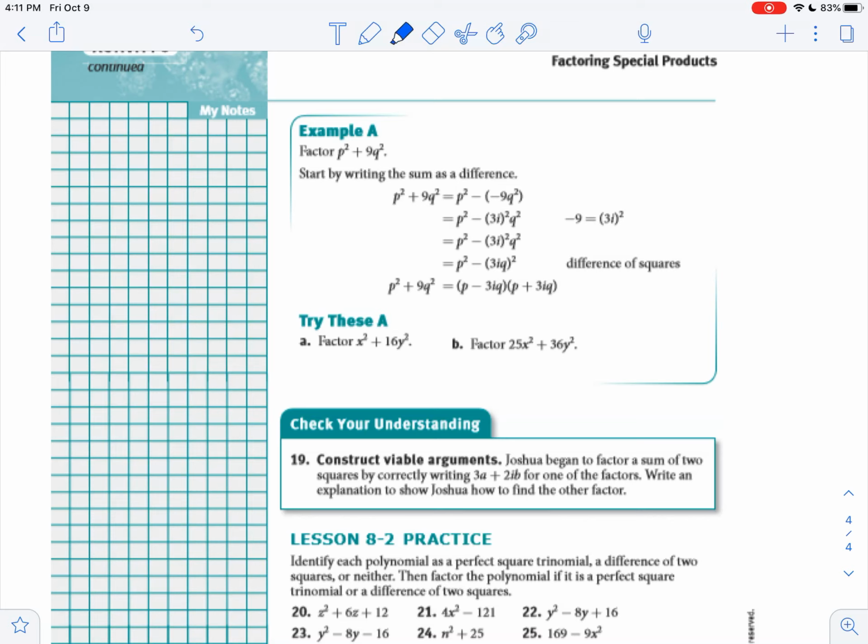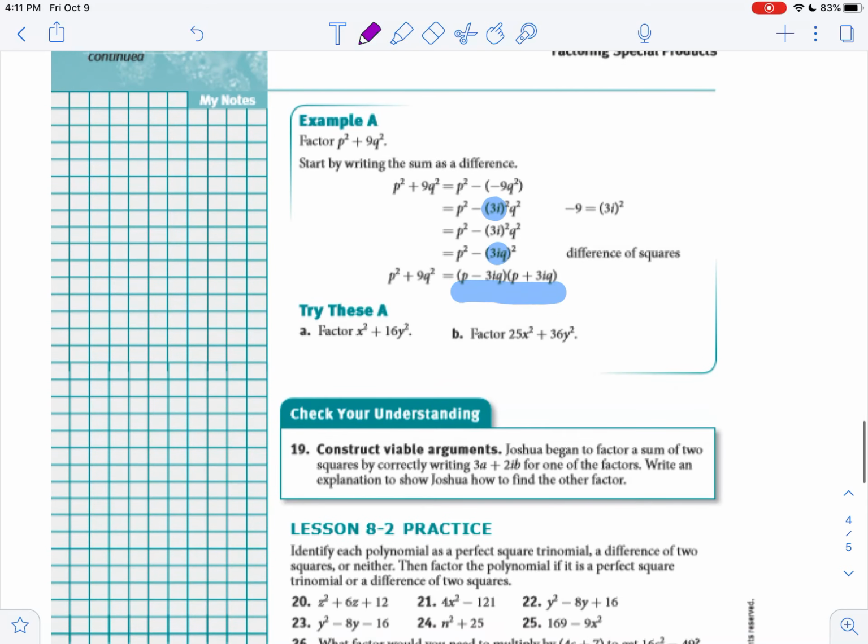Well, we could rewrite negative 9 as 3i squared, and we're allowed to do that because remember, i squared equals negative 1. So we could put it all together as 3iq squared. Then you can factor it as p minus 3iq and p plus 3iq.